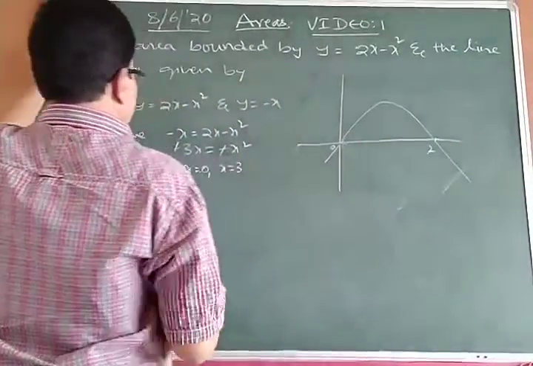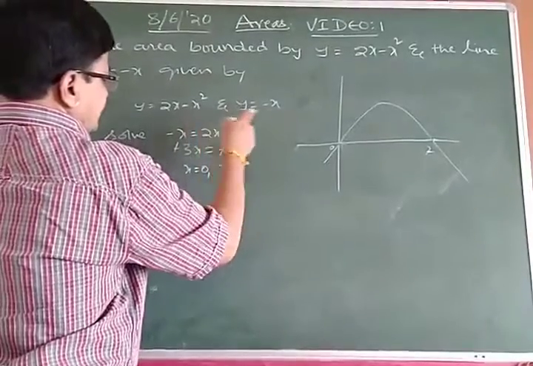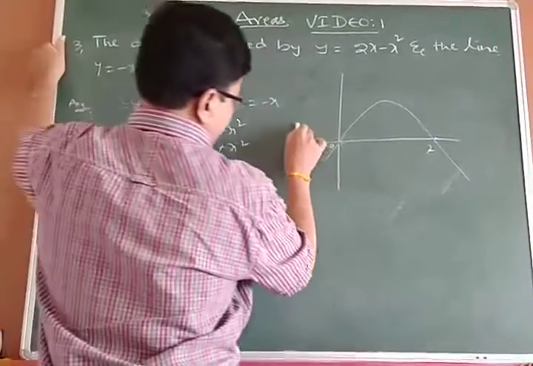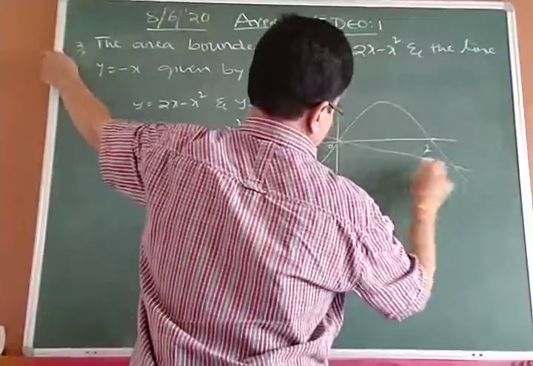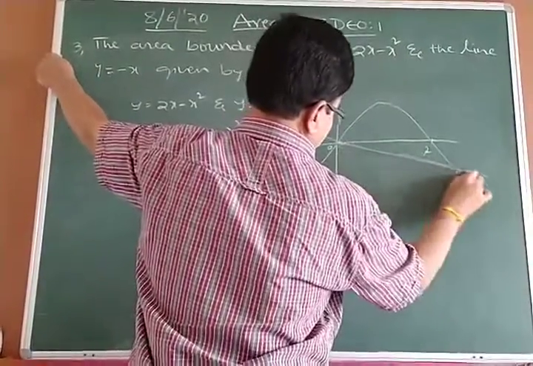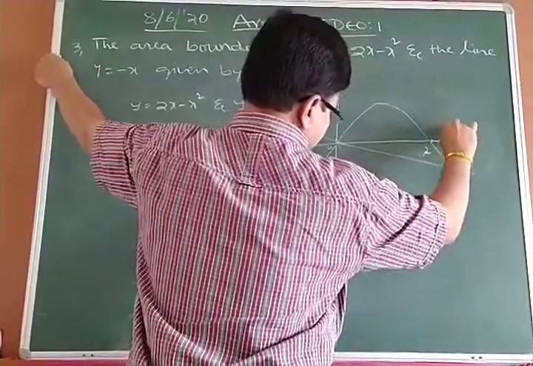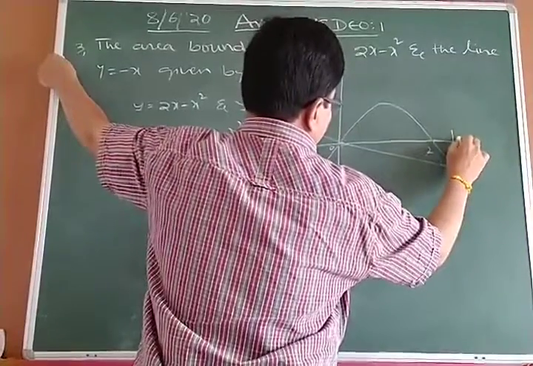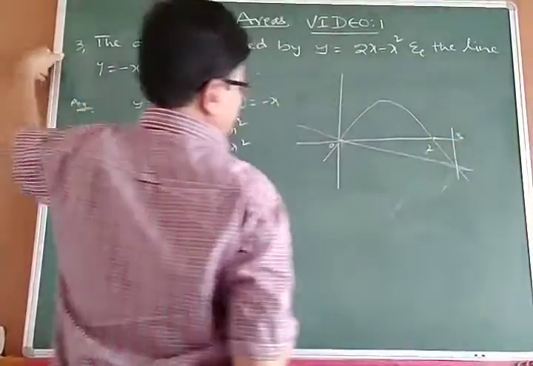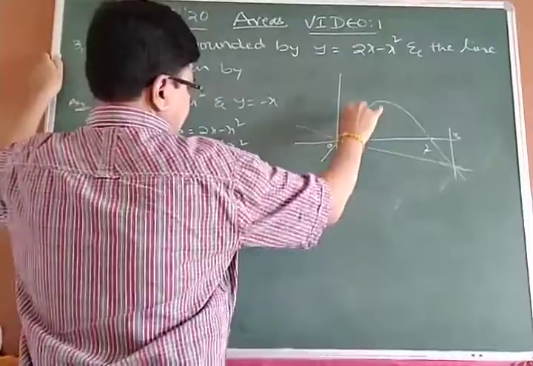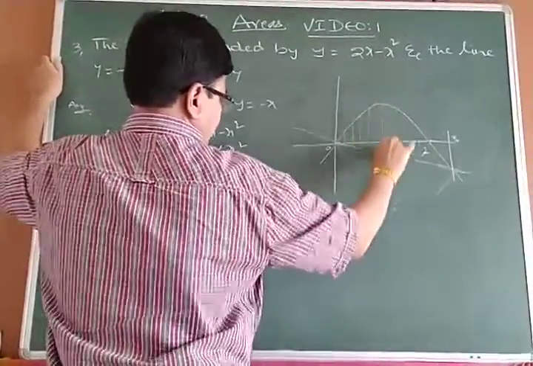The given line also passes through origin and cuts the curve at 3. This is 3. So this is the required area.